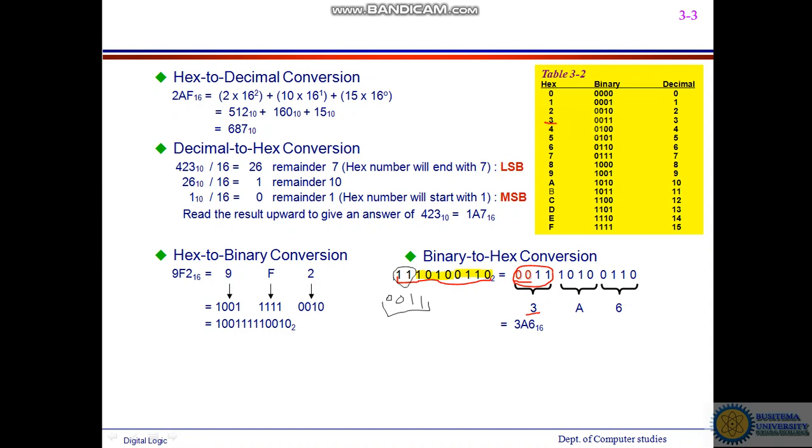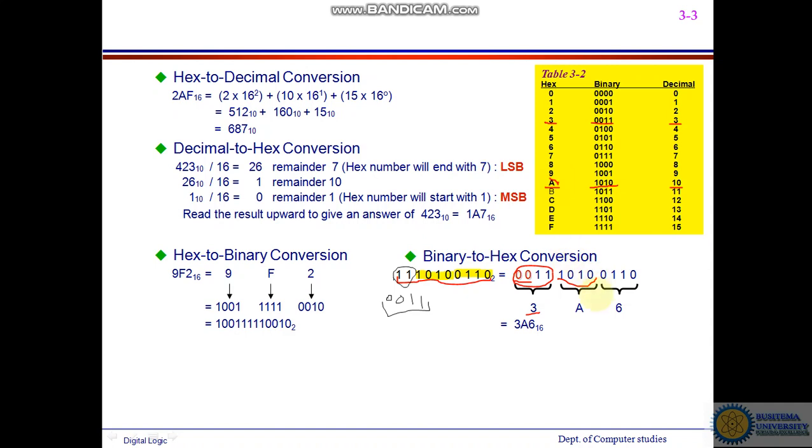So a 3 is this, and it remains a 3 here. So still this one, 1010 gives us a 10, which is this.